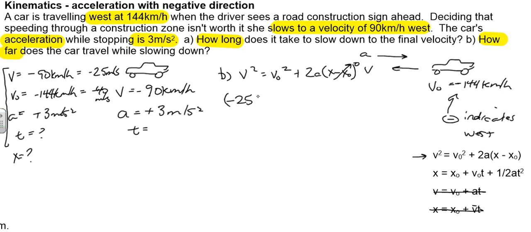And since we're substituting it in, it goes in brackets, that's squared. This is negative 40 squared plus 2 times acceleration of 3 times x. Negative 25 squared is 625. 40 squared is 1600 plus 6 times x.